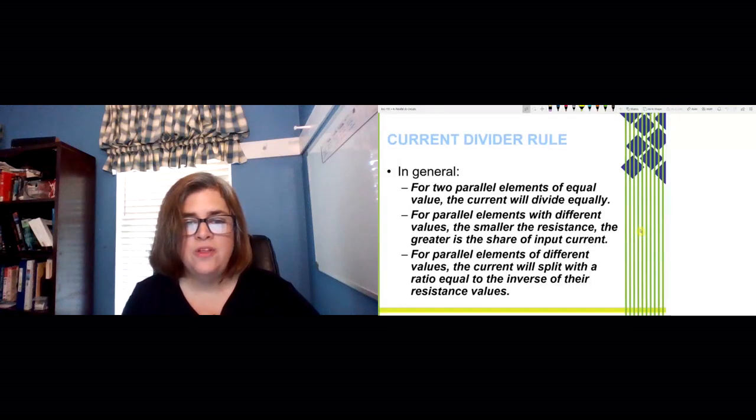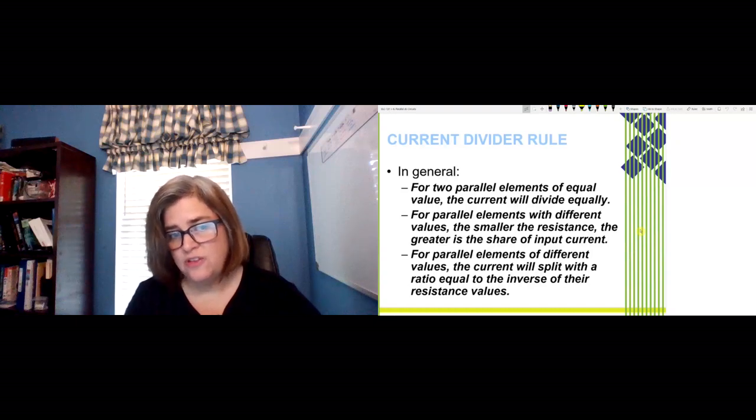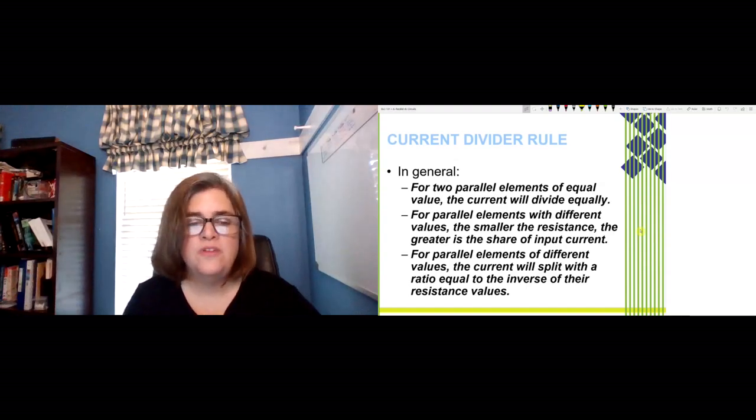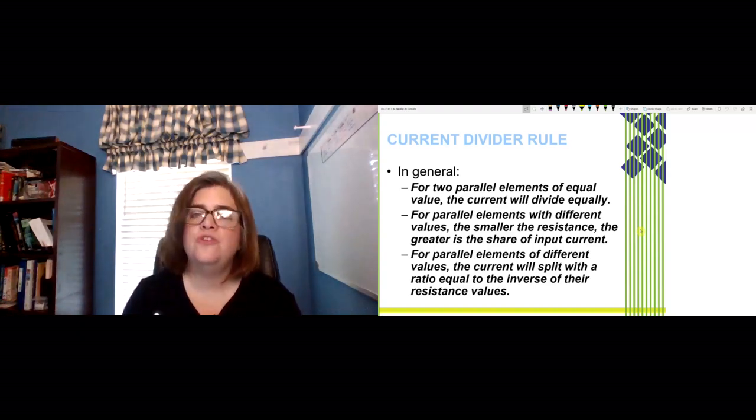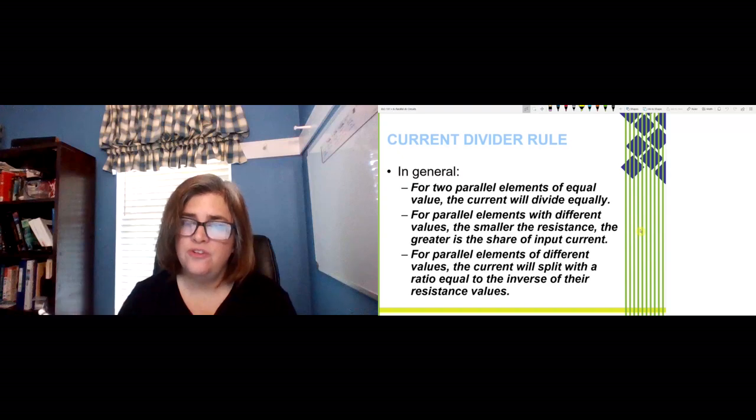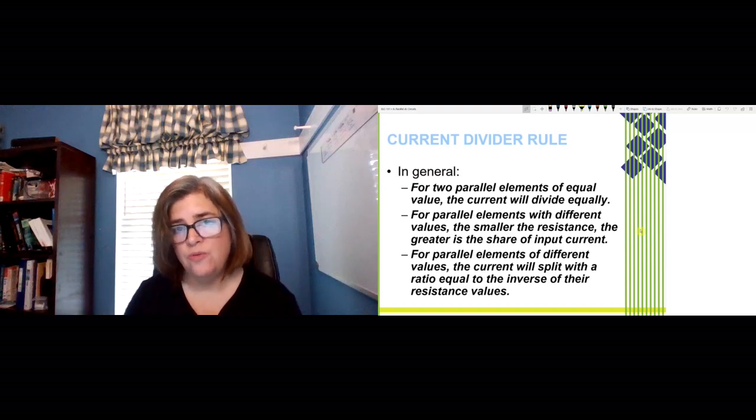If the parallel elements have different values, the smaller the resistance, the larger that amount of current through that resistor will be. Now, for parallel elements of different values, the current splits in a ratio that equals the inverse of their resistor values. Remember, for the voltage divider rule, we saw that the voltage across a resistor to the total voltage was directly proportional to the resistor value to the overall resistance.